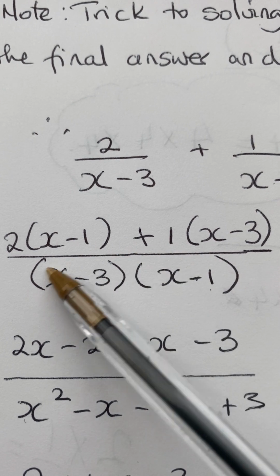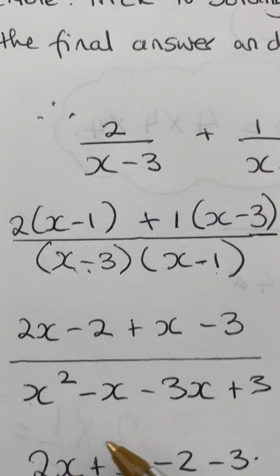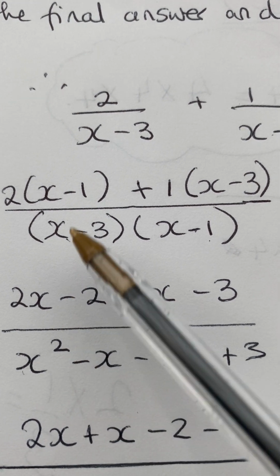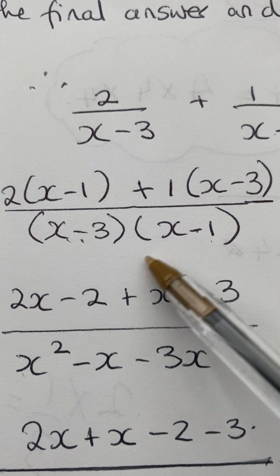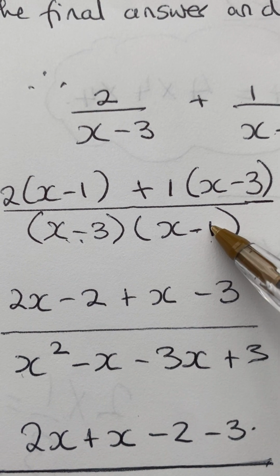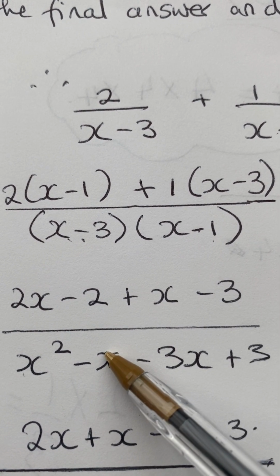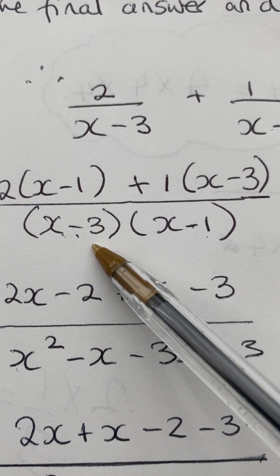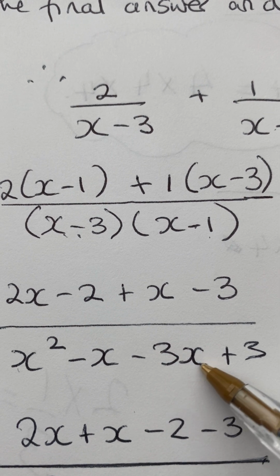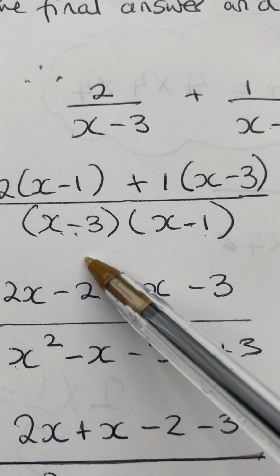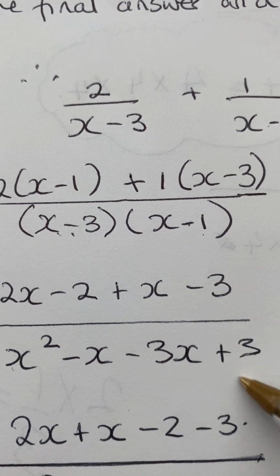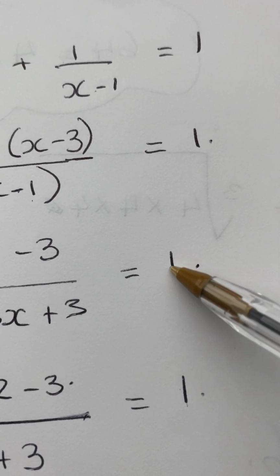Now we want to simplify the denominator, which will give us x squared. x times x is x squared. x times minus 1 is minus x. Minus 3 times x will be minus 3x. Minus 3 times minus 1 will be plus 3 equals 1.